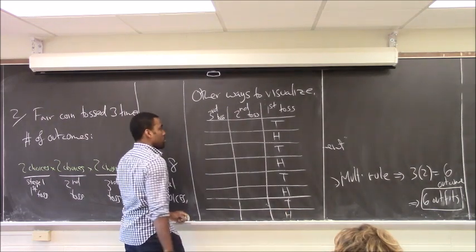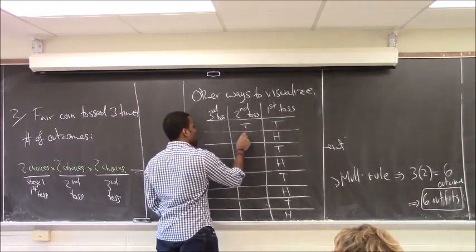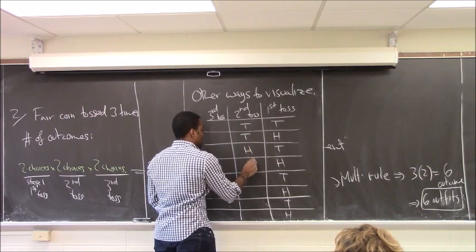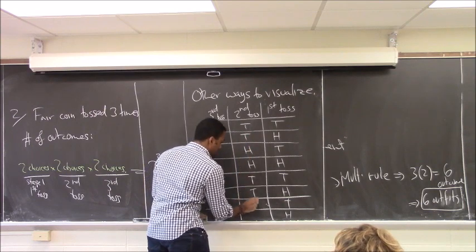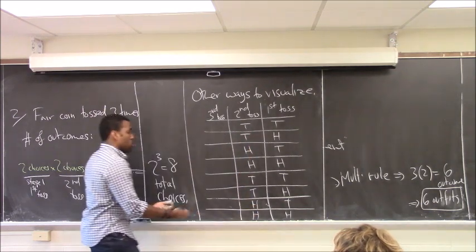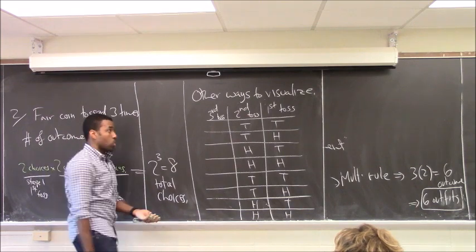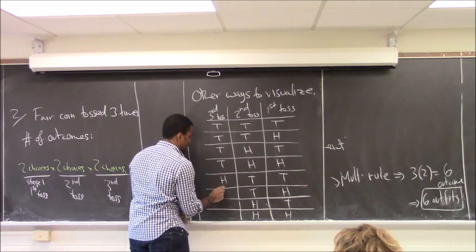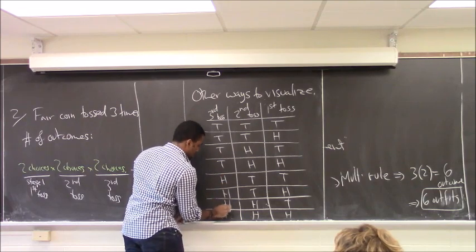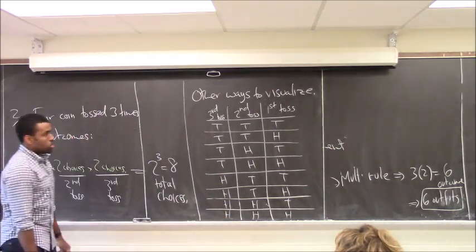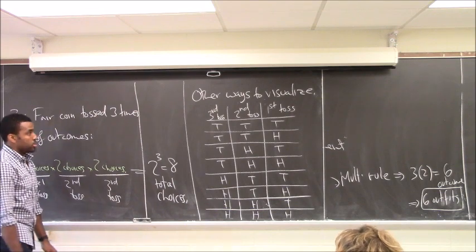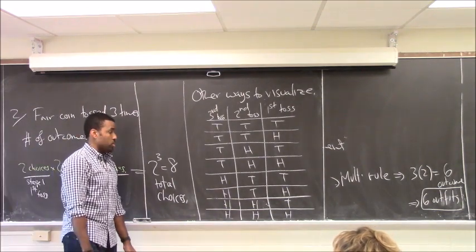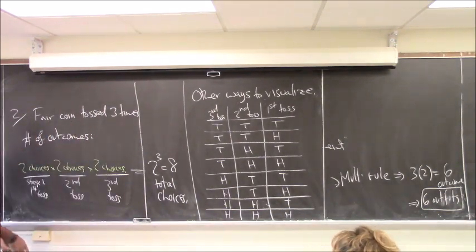Then move one column over, alternate every 2. Then move over, alternate every 2 squared, or every 4. Etc. And you will notice that is all possible arrangements of T's and H's that can happen in 3 positions. So that's one way you can do it.